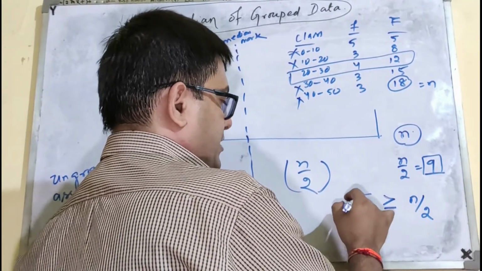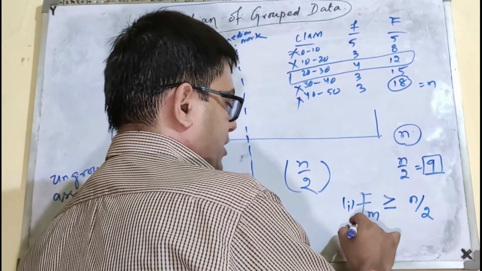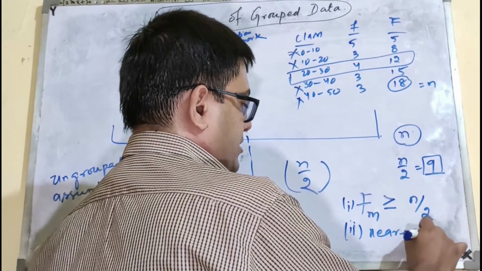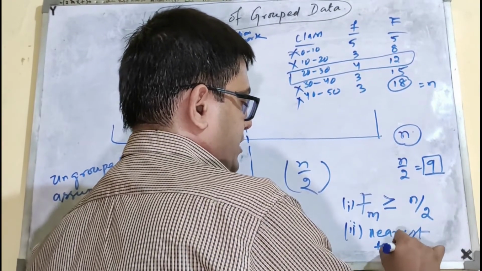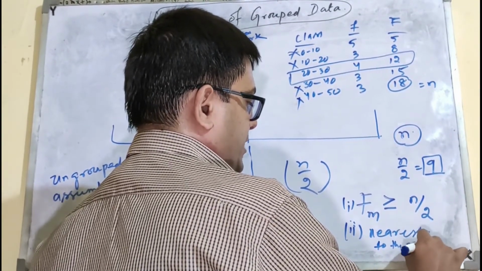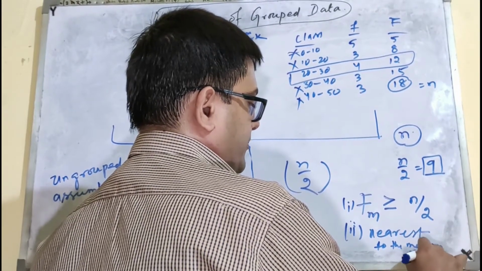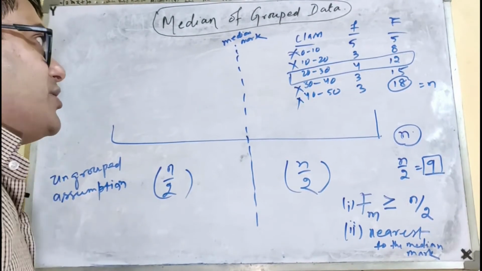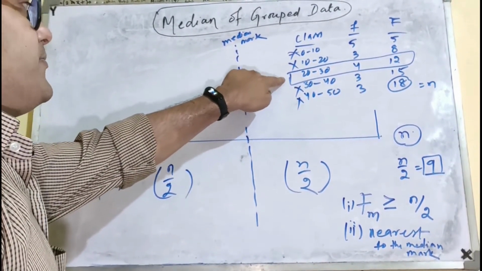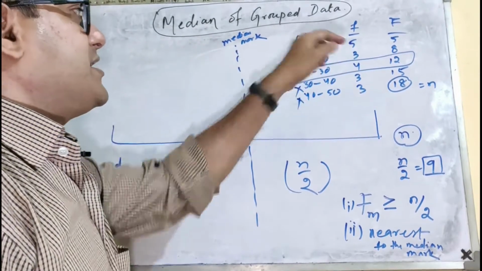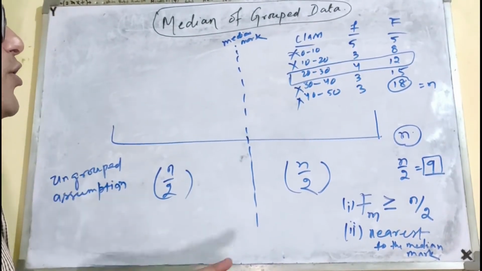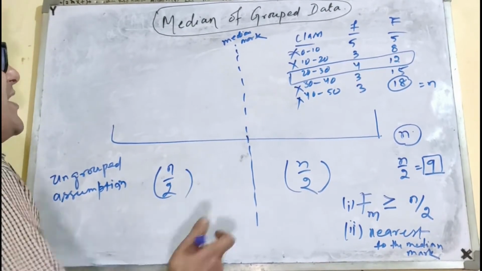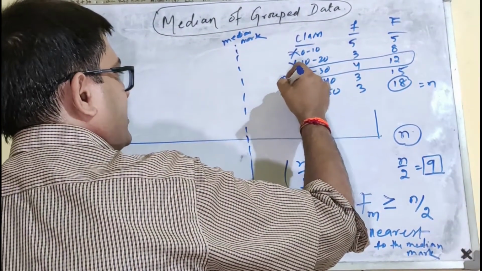This is the first point, and the second point is that it has to be the nearest to the median mark. Which class is the nearest to the median mark? Only this one. So this one not only has a cumulative frequency which is equal to or greater than n by 2, it also is the nearest to the median mark. So this is going to be the median class.